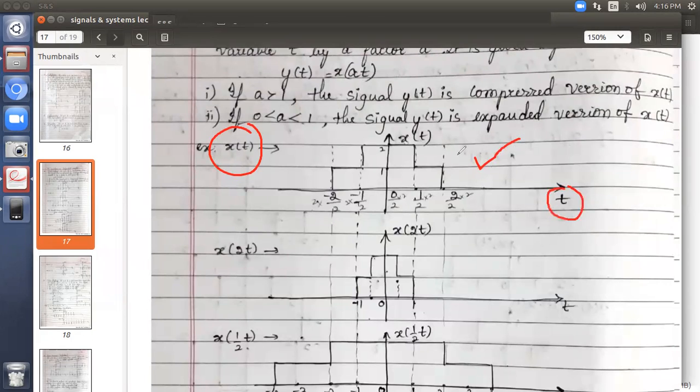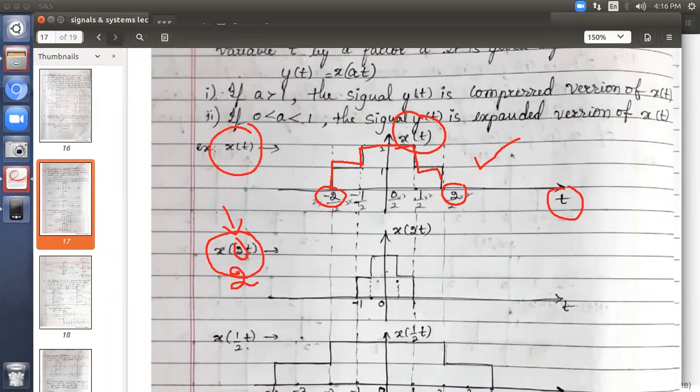See, this is the horizontal axis, the vertical axis is x of t. If you see the time range, it is -2 to 2. And there is a step here, one step and two steps. Similarly, two steps. So this is one example. x of t is given to you. You need to find x of 2t. The value of a given is 2.